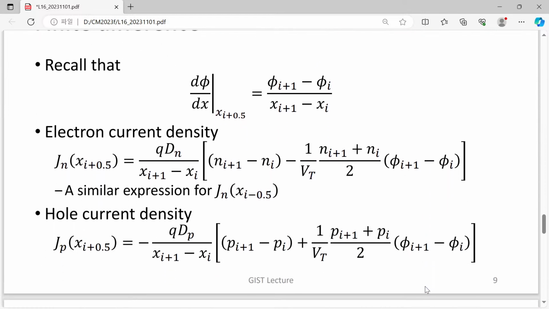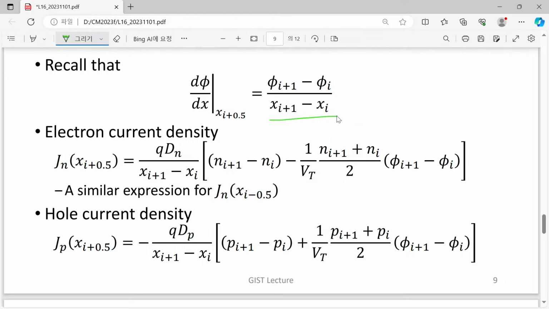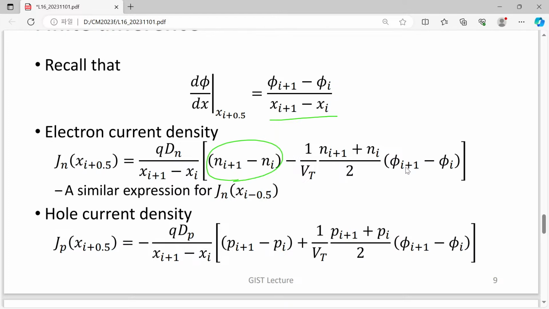this is the result we can follow. d phi over dx is just given as linear, following the linear approximation, and here we have the dn over dx, and this is the d phi over dx. Of course, here we have delta x, so combined with this one, we have dn dx, and this is d phi over dx.